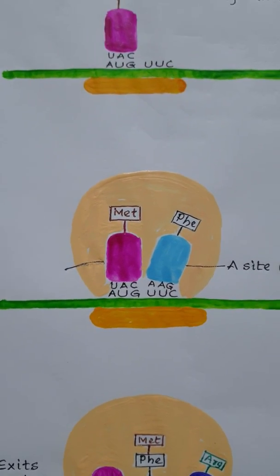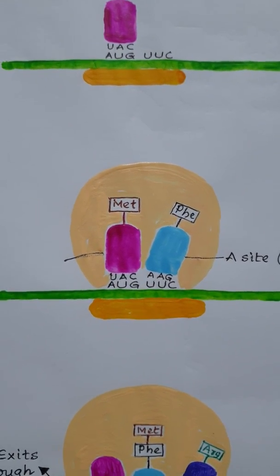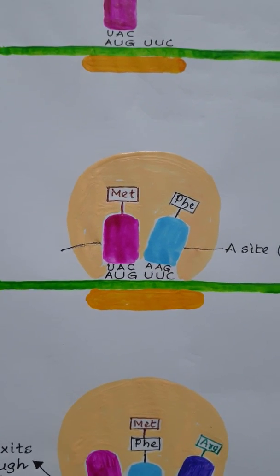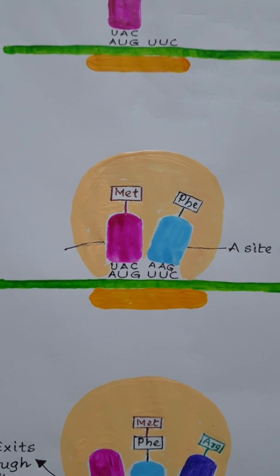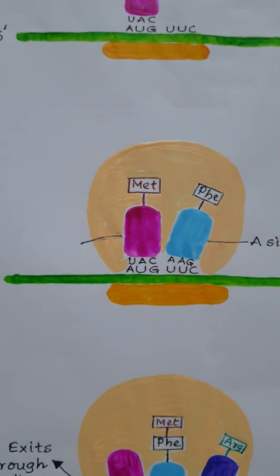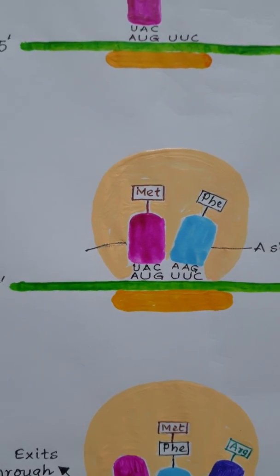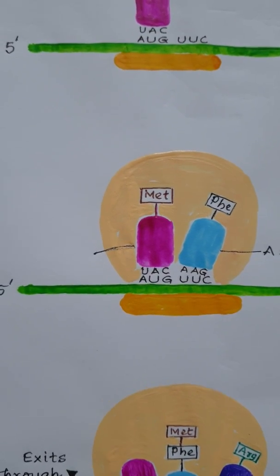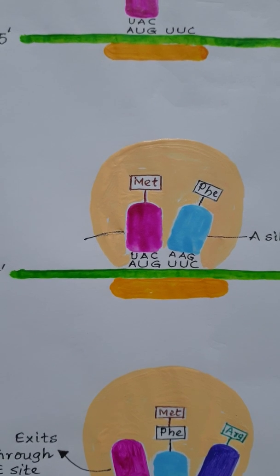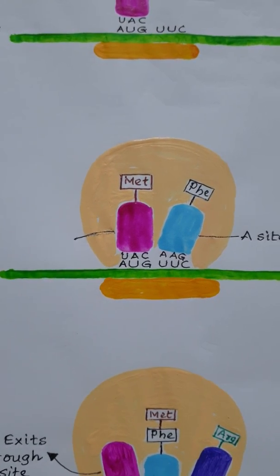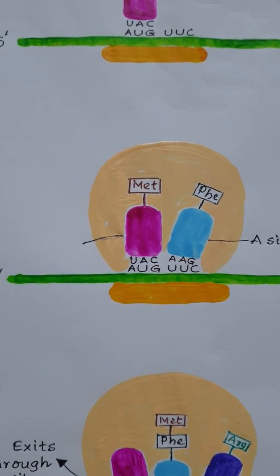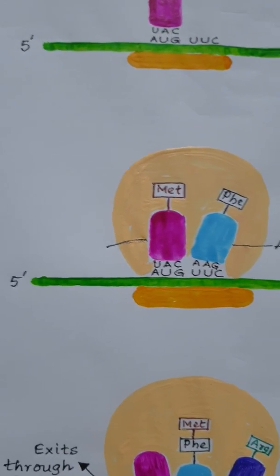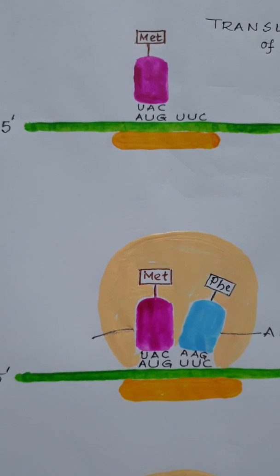Now coming to the second step, called initiation. As we know, translation occurs in the cytoplasm where ribosomes are present. Initiation involves binding of the smaller subunit of the ribosome carrying aminoacyl tRNA to the 5' end of mRNA with the help of initiation factors (IF) and some other proteins which help in this reaction, as you can see over here.